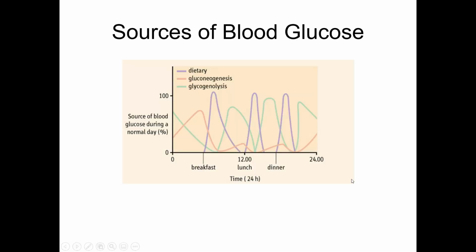This is an interesting chart showing the sources of blood glucose and how they are impacted throughout the day. When labs are being drawn and when we're evaluating specimens for levels of glucose and different hormones that are going to regulate glucose, this is something to keep in mind, that glucose levels are going to be continuously fluctuating throughout the day, and different sources are going to contribute to that glucose at different times of the day and depending on when the patient has eaten or not.